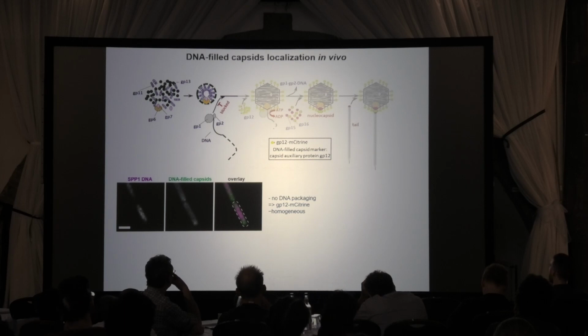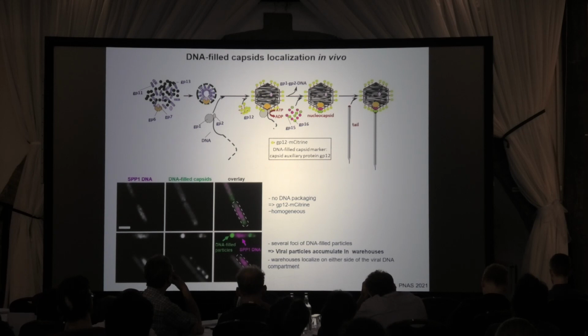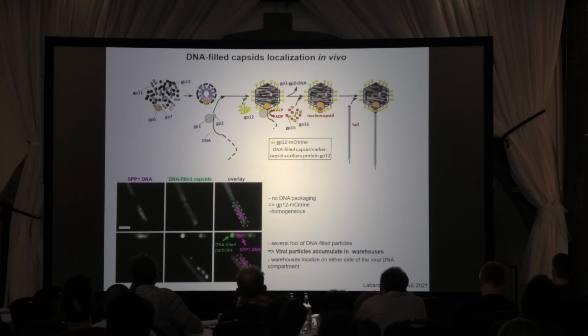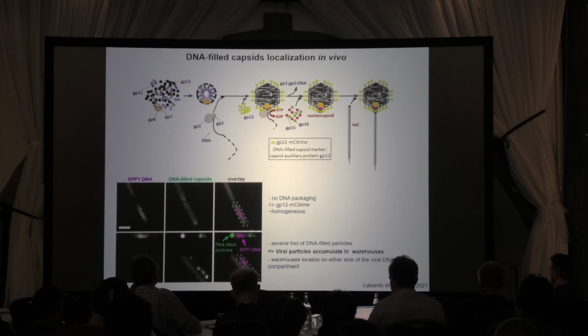But now when we make the full infection cycle, things change. You can see that you get again the viral DNA compartment, but you now get very strong signals in defined areas that correspond to what we define as the procapsids. Okay, got the message. In this case, you really have this strong signal from the decoration protein that we interpret to be viral warehouses where all these viral particles go.